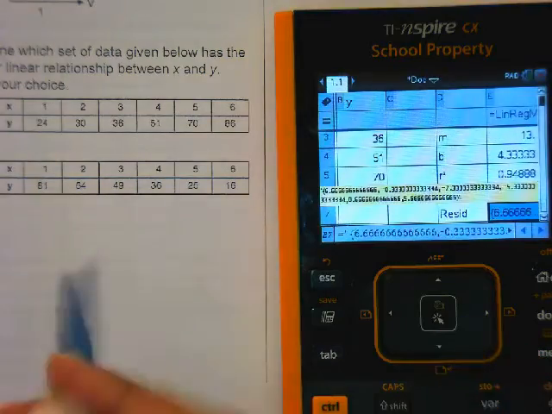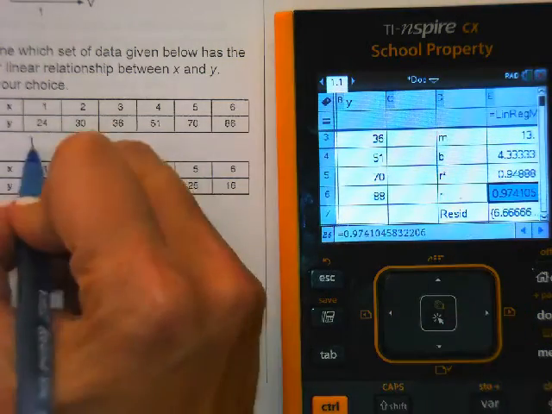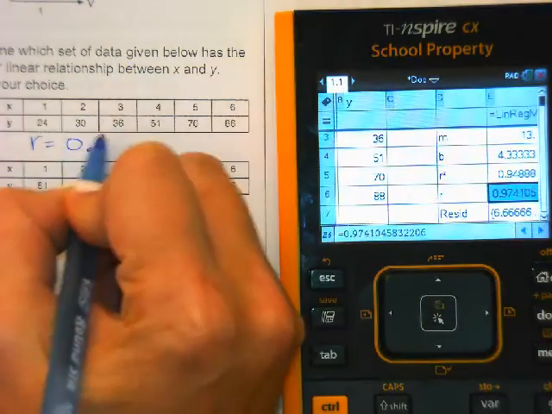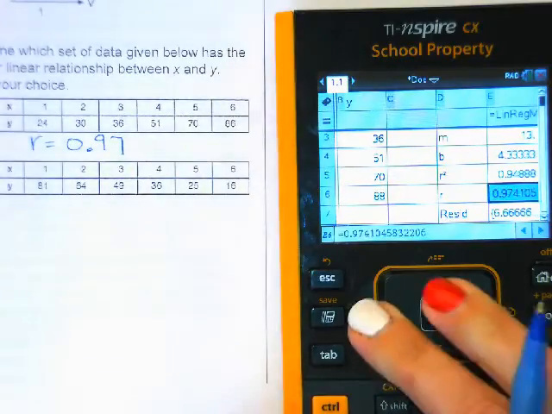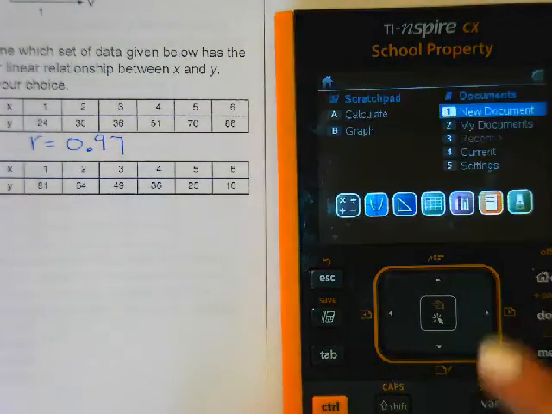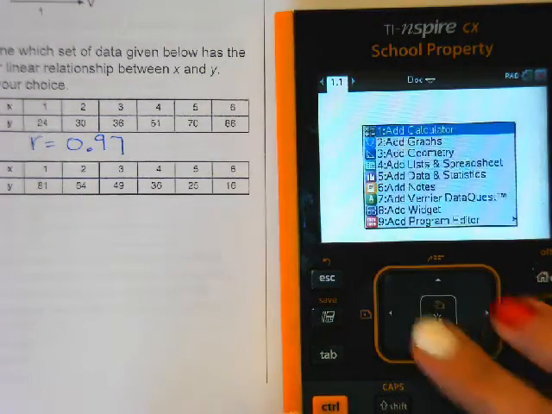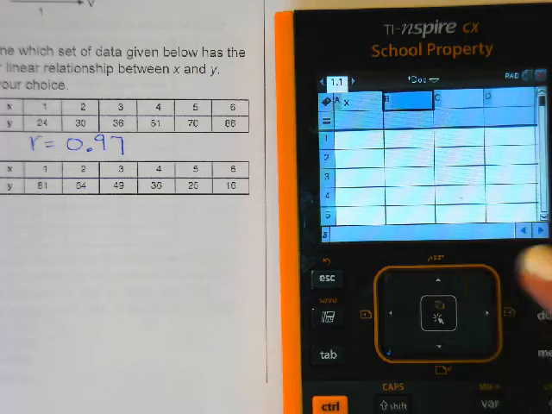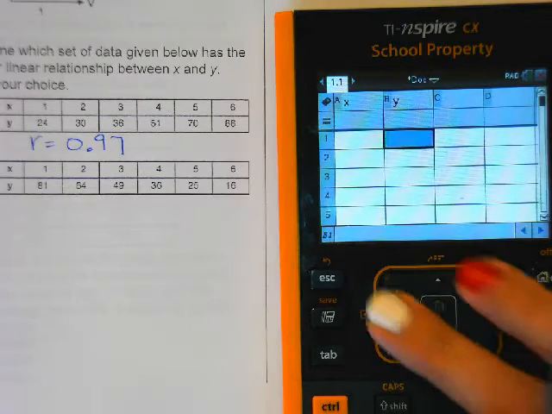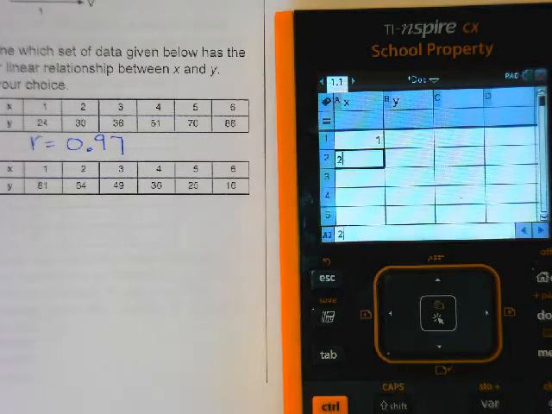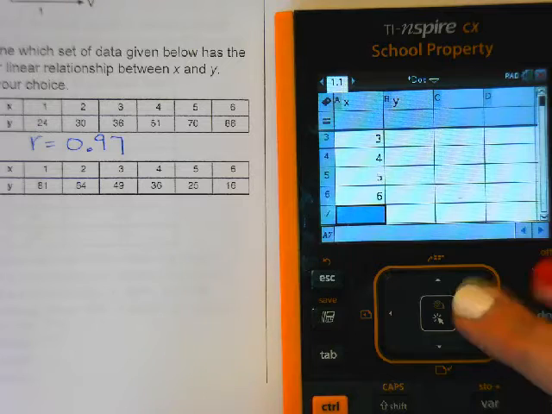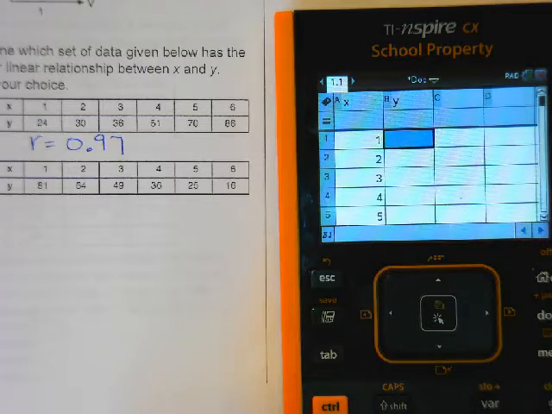Remember, you're looking at your R, not your R squared. It doesn't matter that one is positive and one is negative.